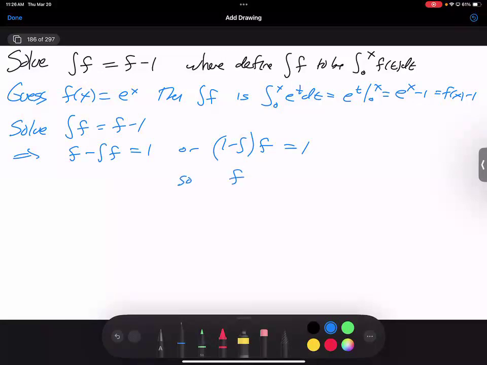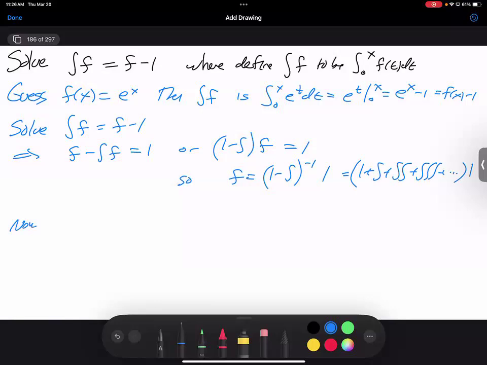So f is 1 minus integral inverse acting on 1. Which of course is just 1 plus integral plus integral integral plus integral integral integral. I told you, he's a good physicist. Okay?